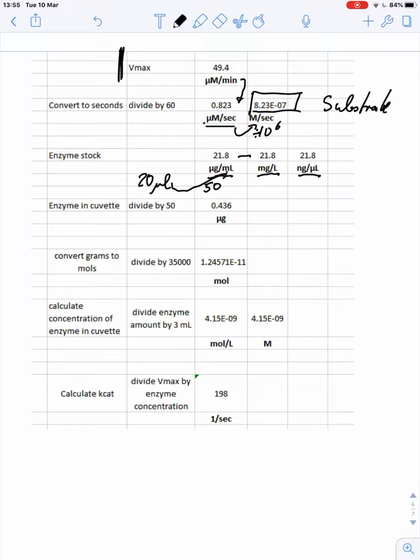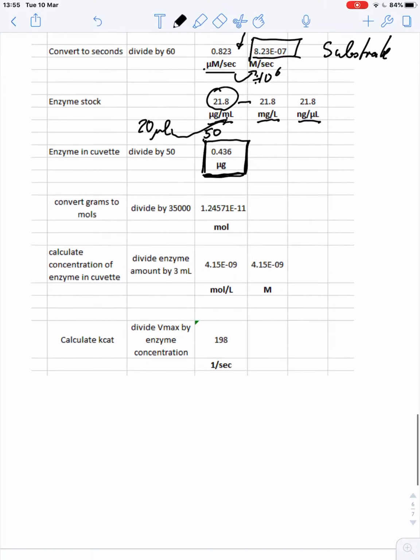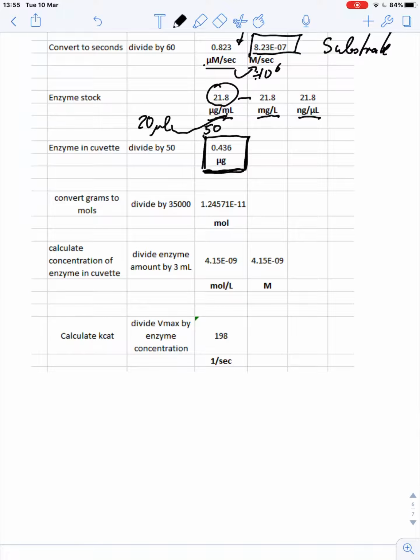So if we want to figure out the amount of enzyme that we actually used, we just use the stock concentration and divide it by 50, because that gives us the amount of enzyme that we used in our assay in the cuvette. So that's 0.436 microgram. That's the amount of enzyme that we had.